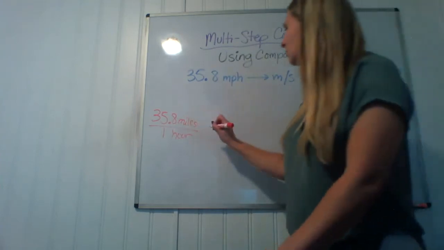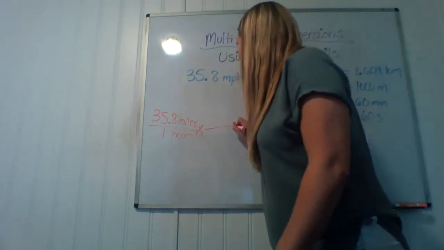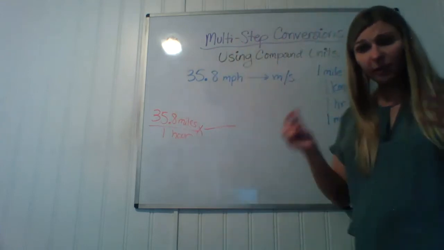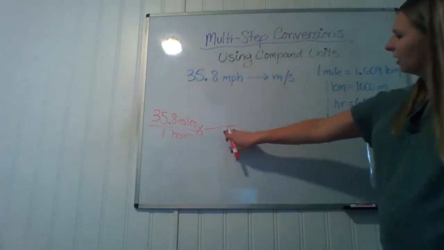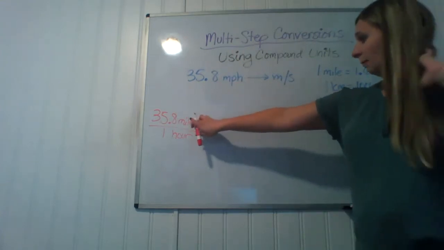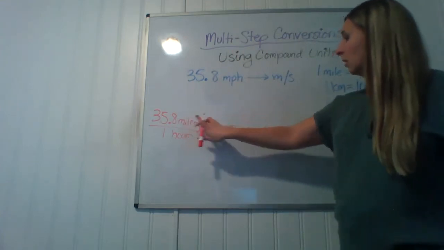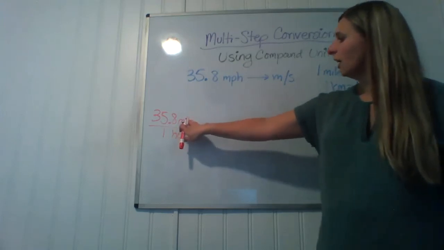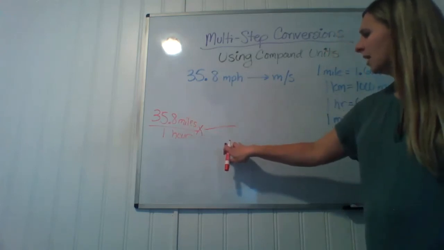So we're going to say our first conversion. I'm going to start with the top. If you wanted to start with converting the bottom first, that's fine. But I'm going to start here with the top. So I'm going to change the miles into kilometers. Whatever units you want to change, those are the ones you cancel diagonally.